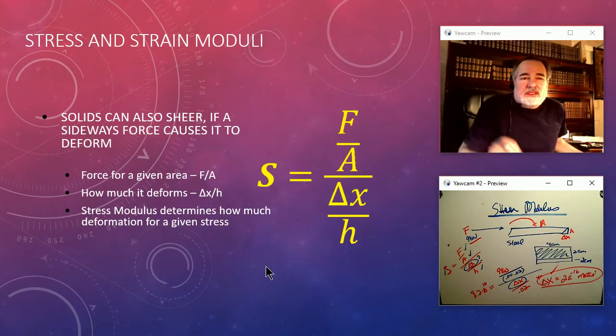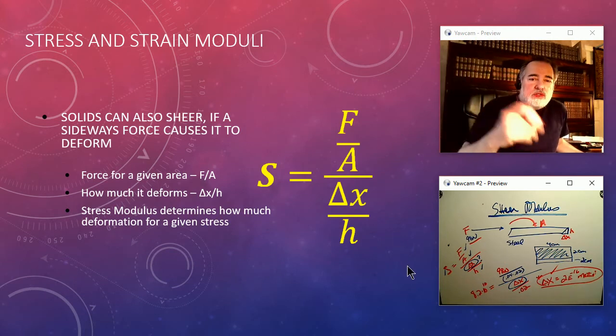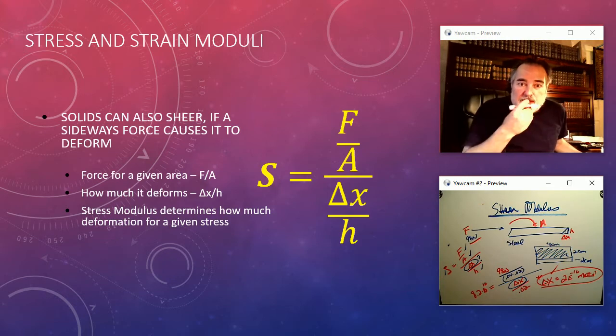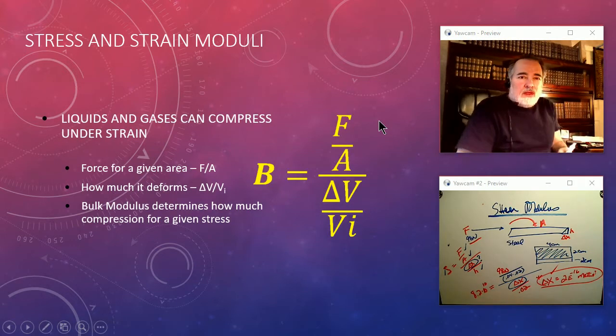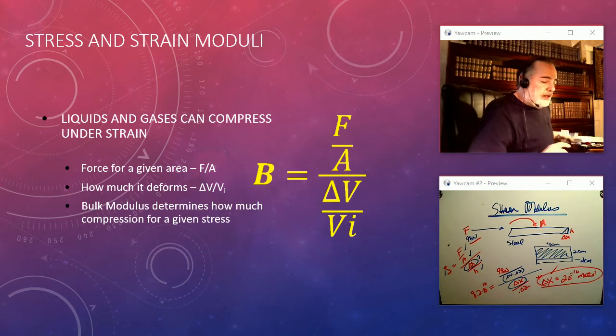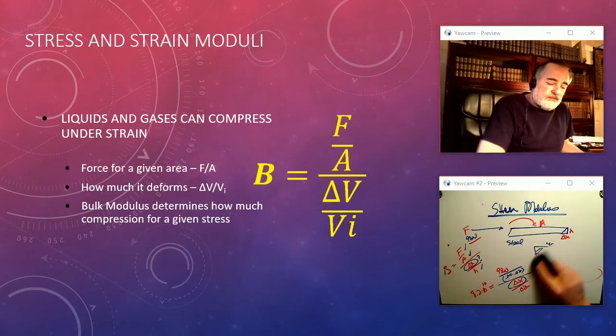So that's the shear modulus. Again, not much to it. You're going to have 5 variables and know or be able to figure out 4 of the variables. Let's look at something called the bulk modulus.